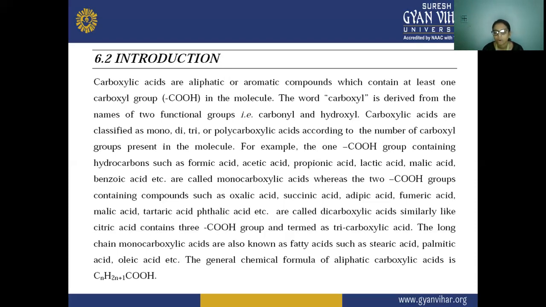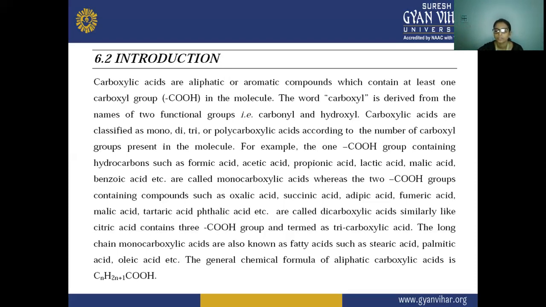Fourth, the long chain monocarboxylic acids are also known as fatty acids, such as stearic acid, palmitic acid, and oleic acid. Monocarboxylic acid means one carboxylic group is present, and a long chain is attached to it. They are known as fatty acids.